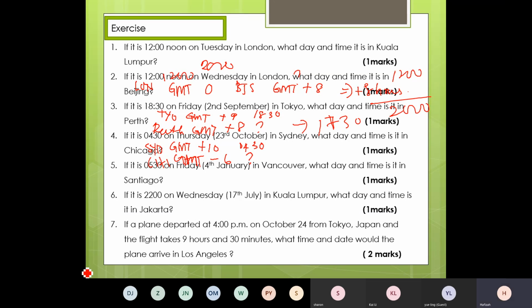You need to find the GMT for both first, Vancouver and Santiago. Vancouver is minus 8 and the time is 0530, and Santiago is minus 3, but you don't know the time. So what is the answer?